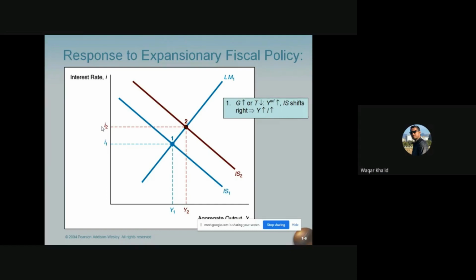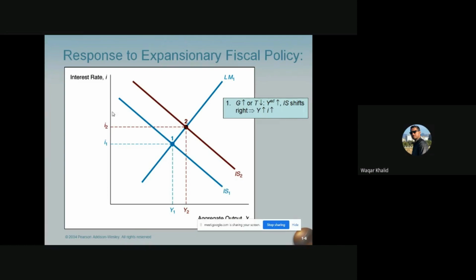What can we say about the relationship? Simply, we can say that the aggregate output and the interest rate are positively related to government spending and negatively related to taxes. Aggregate output and the interest rate are positively related to government spending.